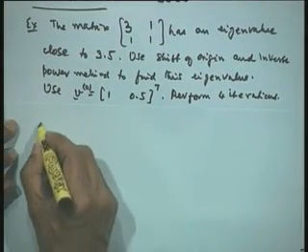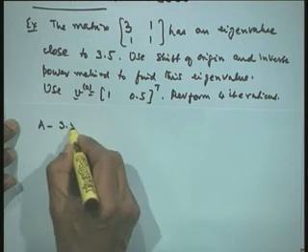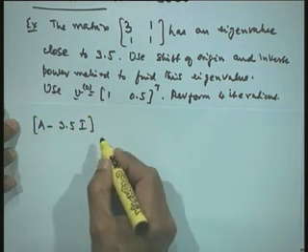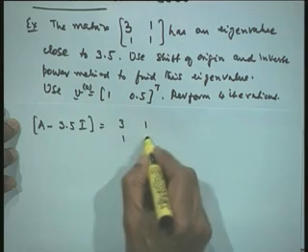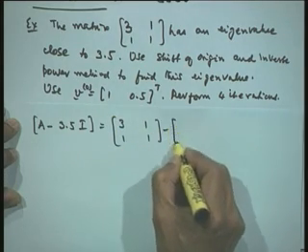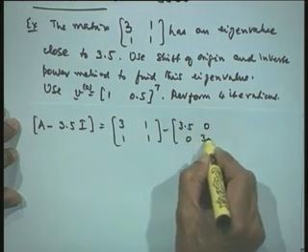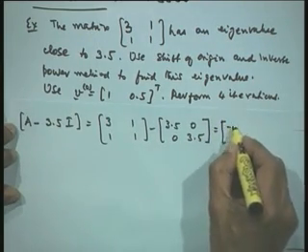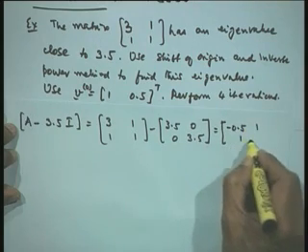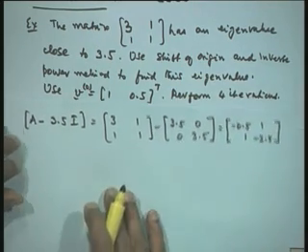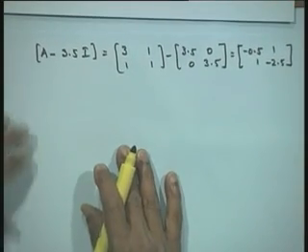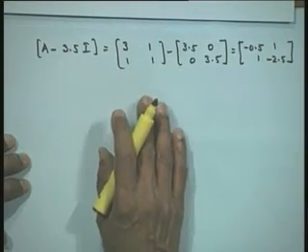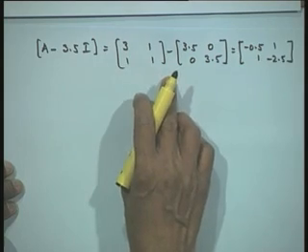What you really need to find is A minus lambda I, that is A minus 3.5 I. This gives you 3 1 1 3 minus 3.5 0 0 3.5, which gives us minus 0.5 1 1 minus 0.5. Now, the required eigenvalue is the smallest eigenvalue of this, because the eigenvalue is close to 3.5.